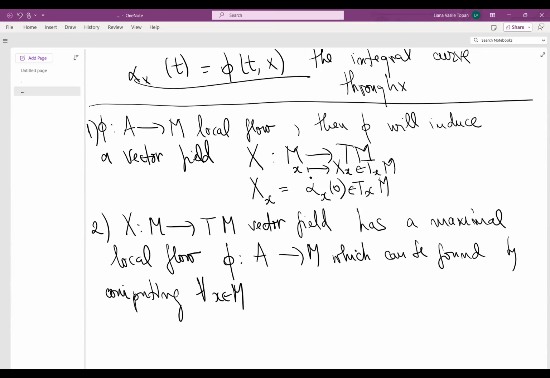Maximal means defined on the maximal interval. It can be proved.